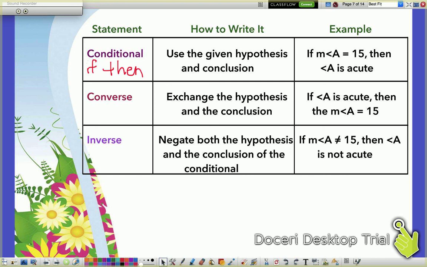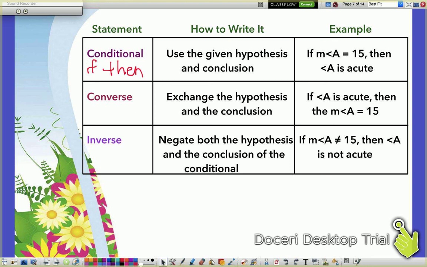The converse is where you exchange the hypothesis and the conclusion. So we write it backwards. Example, if angle A is acute, then the measure of angle A is 15. That's the converse of the conditional.